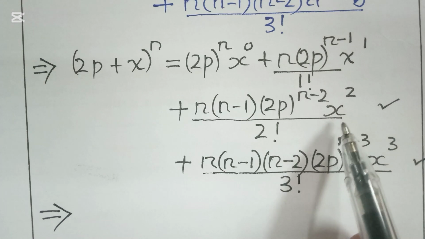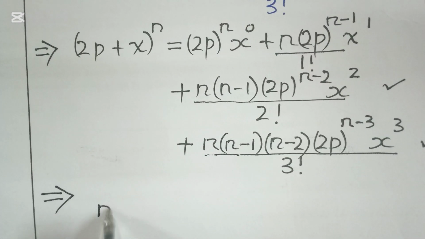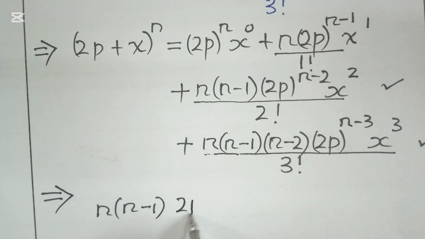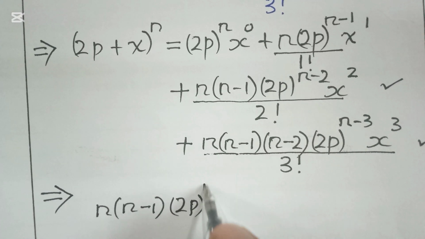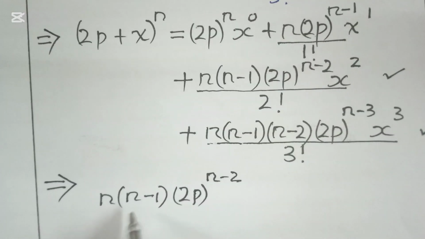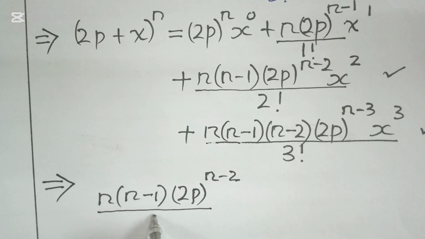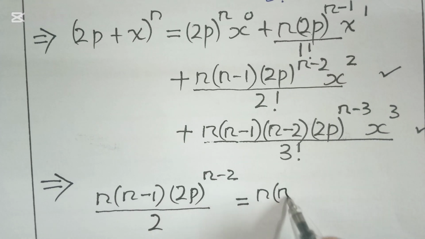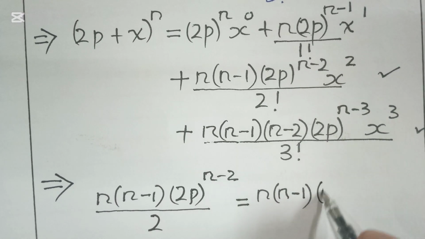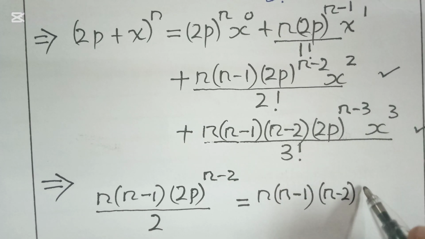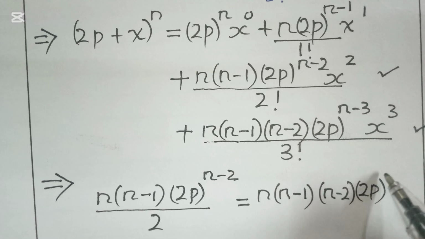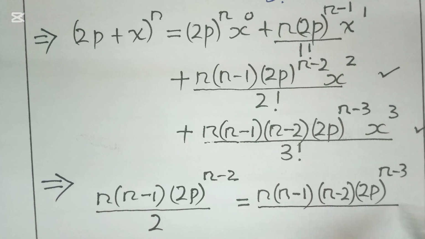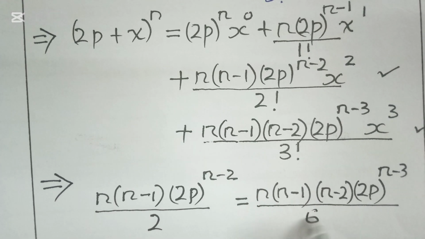Leaving out the x squared, we shall have n(n minus 1)(2p) raised to n minus 2 all over 2 factorial, which is 2, is equal now to n(n minus 1)(n minus 2)(2p) raised to n minus 3 all over 3 factorial, which is 3 times 2, which is 6.